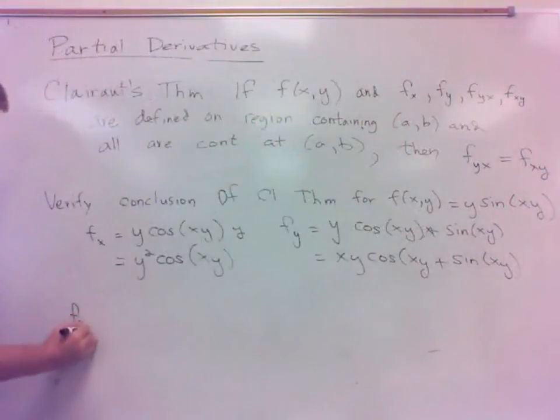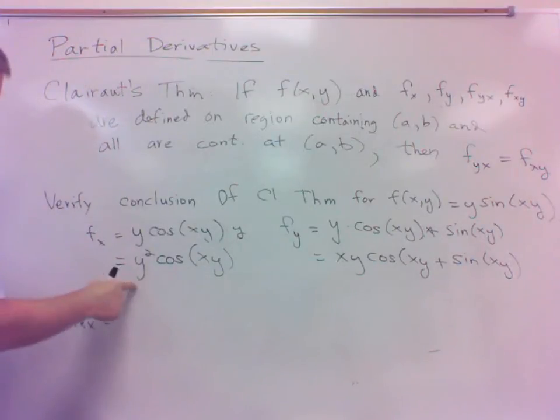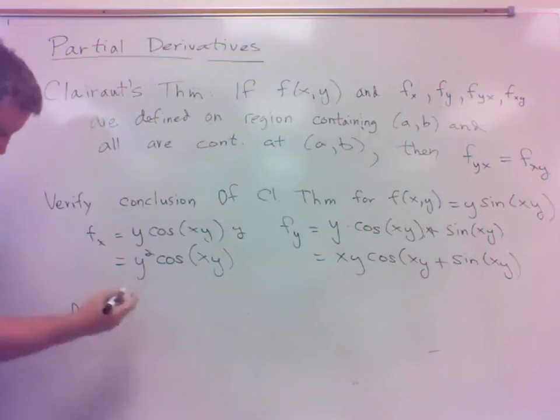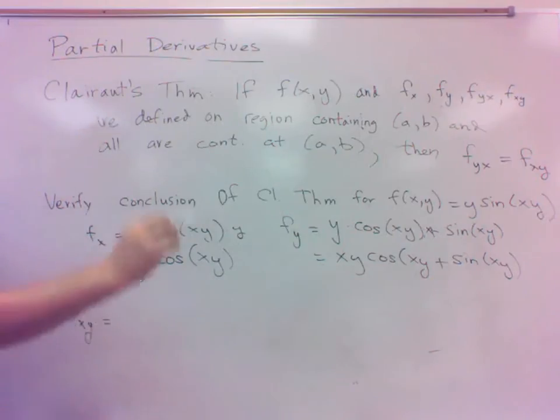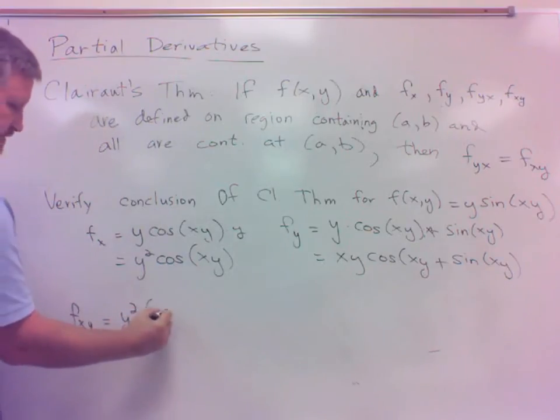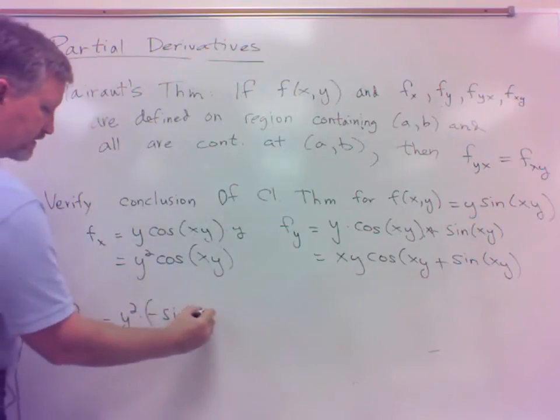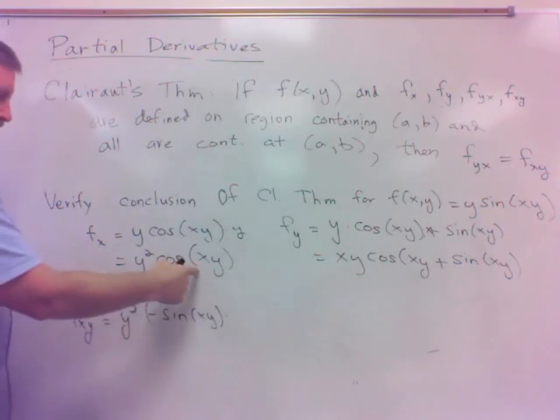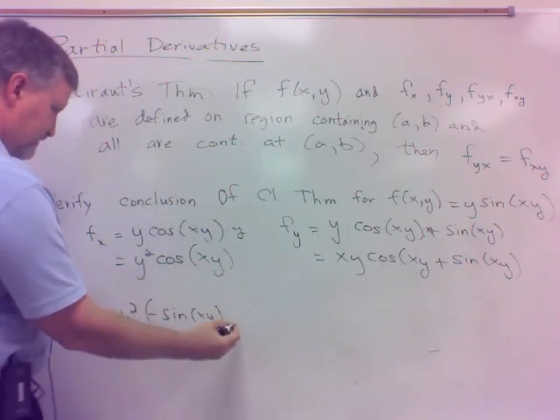Okay, now let's try it. I could do the partial with respect to x again, but I'm wanting fxy. All right, so this with respect to y would be what? y squared times the negative sine of xy times the derivative of the inside, which would be x, right?